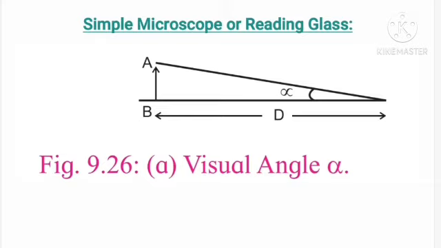These simple microscopes are also called reading glasses. In the given diagram we can see the visual angle alpha. AB is the object which makes angle alpha with the observer. That's why the object appears very small.